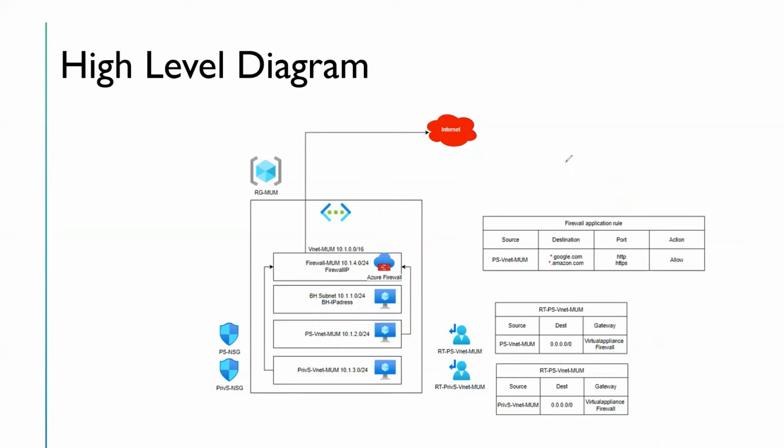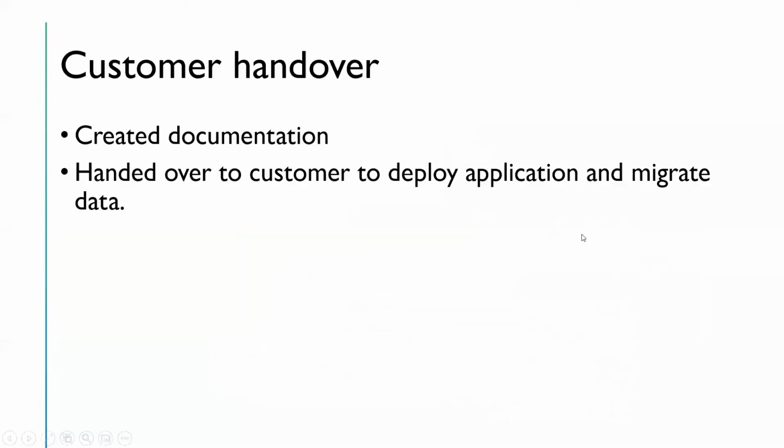It's pretty simple and straightforward to understand what we are going to configure on the Azure console and how we are going to define the different components of the network infrastructure and instances. Once this is done, we will hand over this project to the customer.